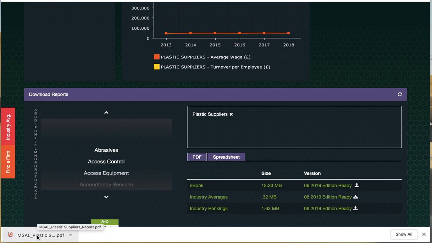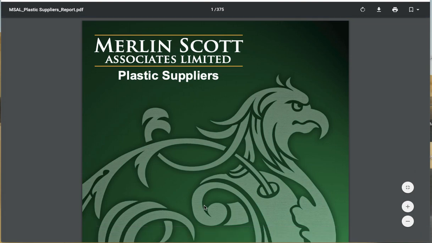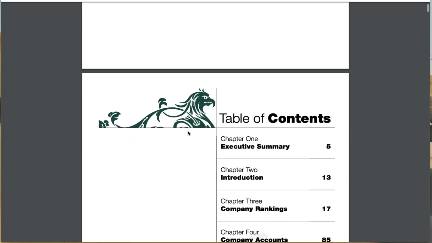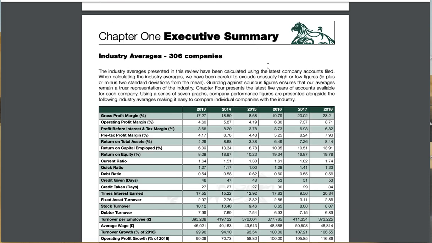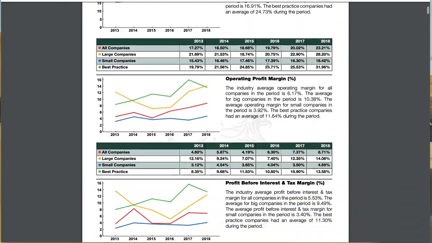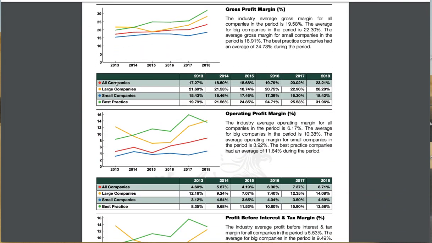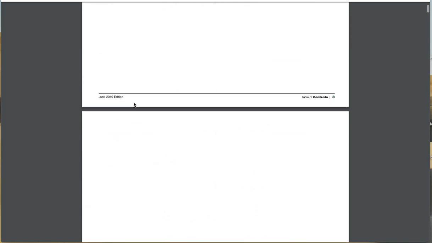So there's the PDF version of the plastic suppliers report. It does contain the industry averages in the executive summary, which is here. Those are the industry averages for that sector, including all the series: the large companies, small companies, and best practice firms. So you choose the appropriate industry averages to work with.